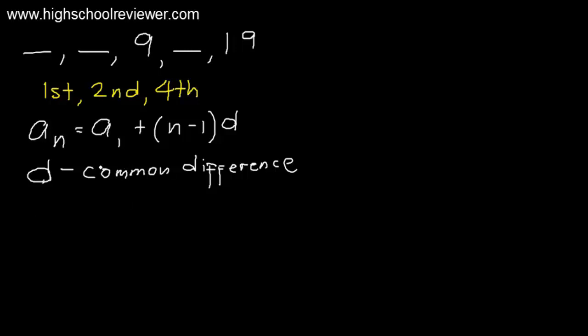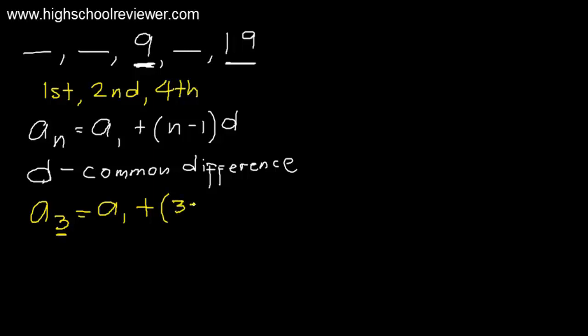So we are going to use the equation for the third term, since this is already given, and the fifth term. The equation for the third term will be a sub 3 equals a sub 1, we do not have the value for a sub 1, plus our n here will be positive 3.